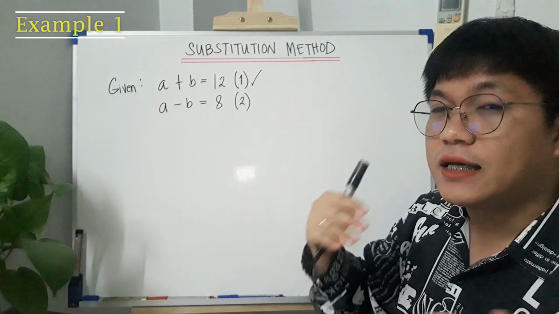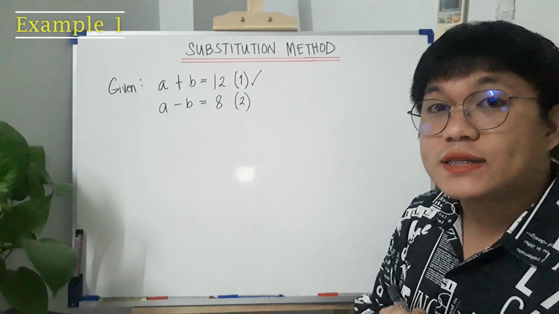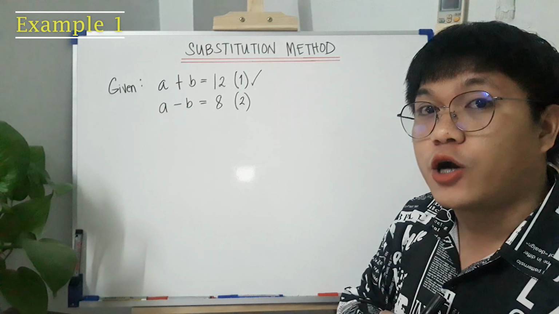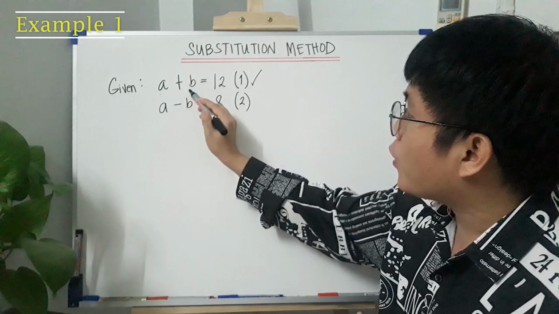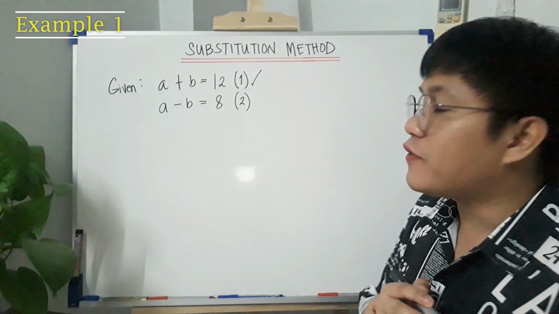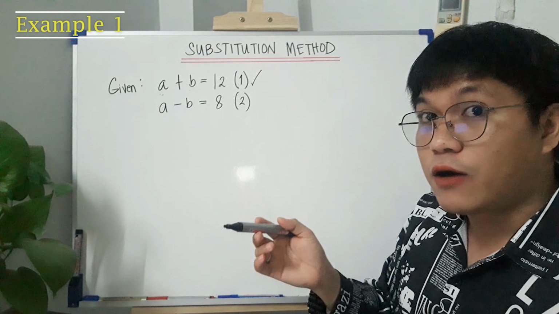It's up to you. It's up to your own choice. After we choose equation 1, we are going to choose what variable we are going to use, either A or B, as the subject of our solution. So for example, I will use A as the subject of our solution.